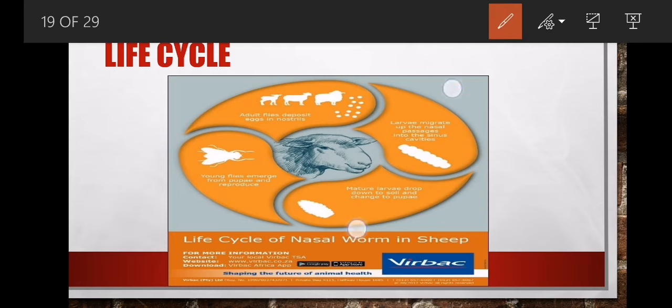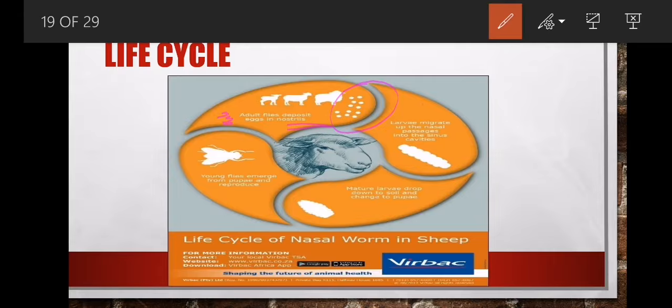Let's look at it here. What I want you to note from this slide, what do you have here? You have eggs, people. The eggs are laid by what? They are laid by the adult flies or the adult worm. They deposit the eggs where? On the nostrils, if you can check there.